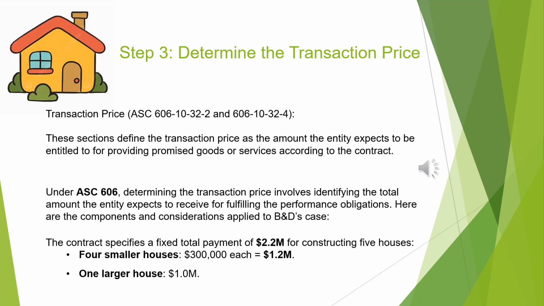606-10-32-4 states that for the purpose of determining the transaction price, an entity shall assume that the goods or services will be transferred to the customer as promised in accordance with the existing contract.